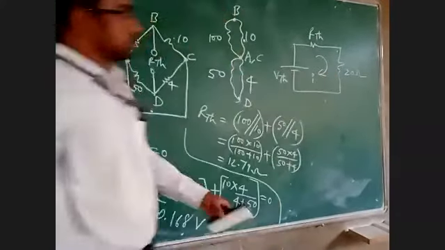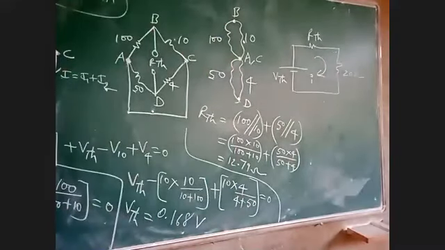In the problem, we have removed 20 ohms. Now we know VTH and RTH. Whatever resistance we removed, because the problem asks us to determine the current in 20 ohm, that 20 ohm will come in series with VTH and RTH.